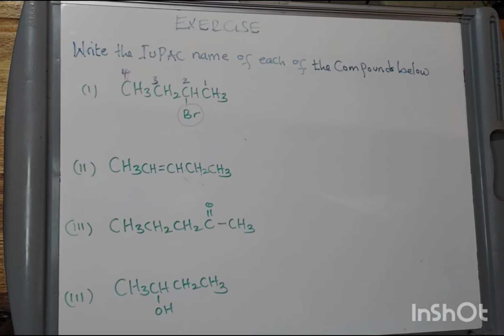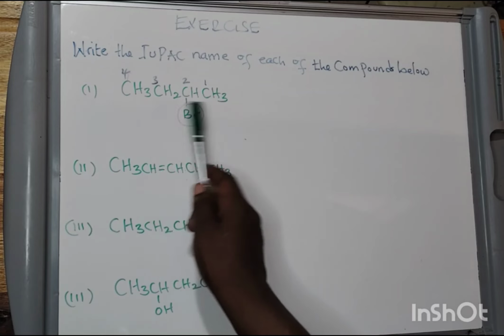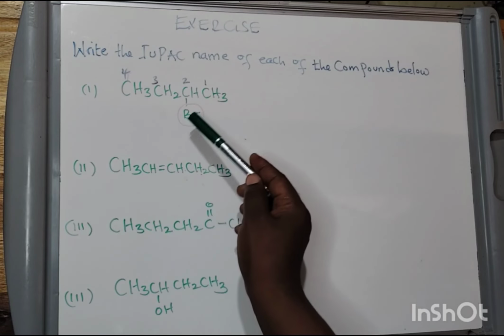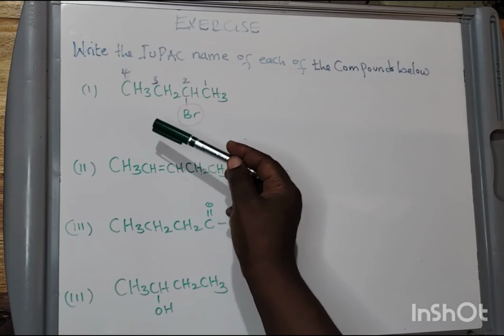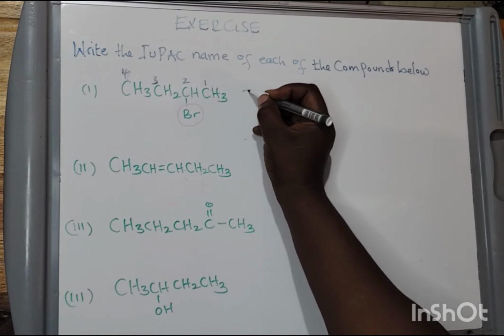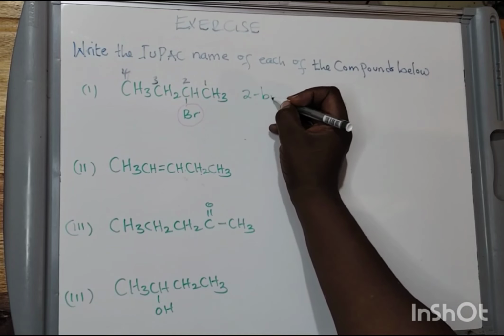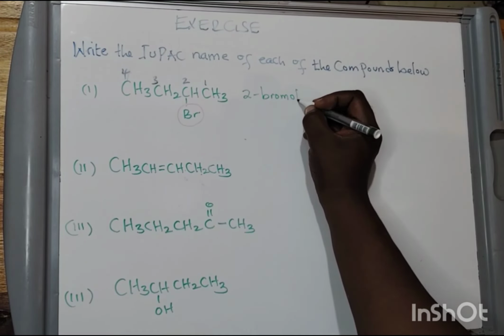So with that, what is the IUPAC name? First of all, 4 is supposed to be a butane, but now it has a bromide here, so it's a bromo. So the name is going to be 2-bromobutane.